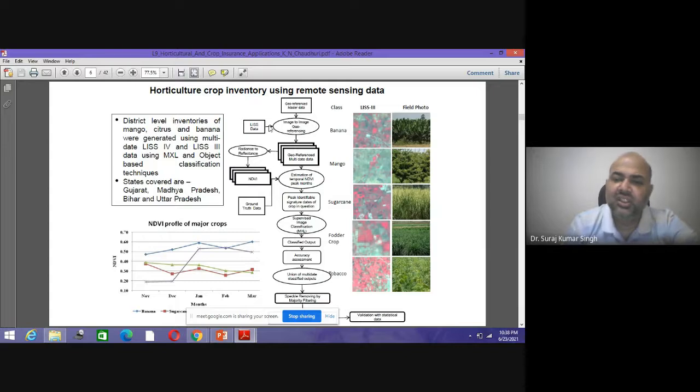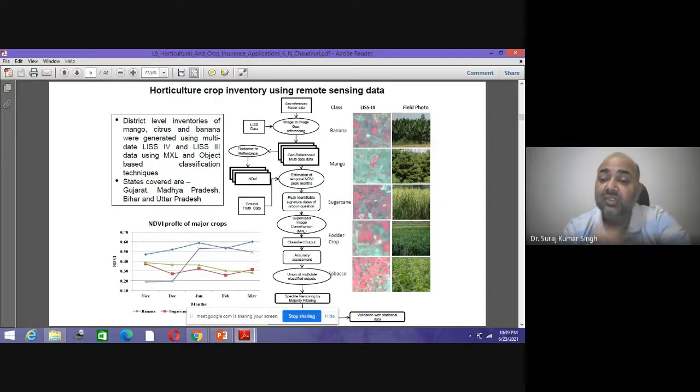You can see how the banana plantation looks in the satellite images: dark red color with a smooth texture because of the big plants' canopy cover. It provides a smooth reflectance, and this is the field photograph of the adjoining place that we have identified and marked as a banana plantation.